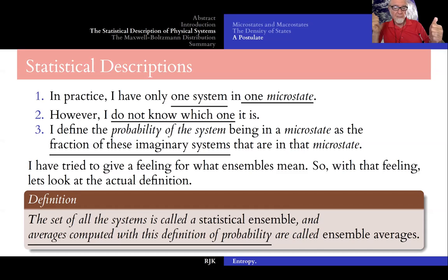But you can interchange any two you want in any of these, just as an example, and those will make another microstate. And then you can make two for one and take one down.